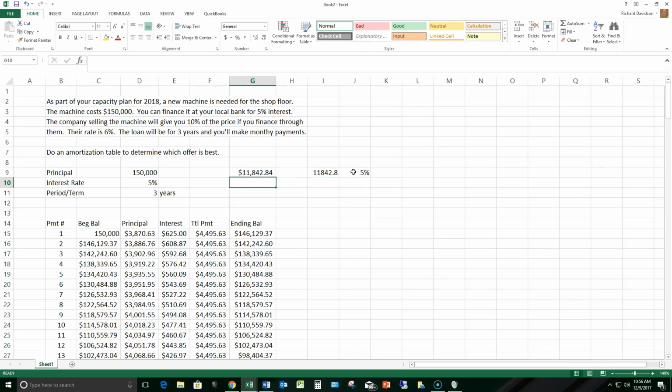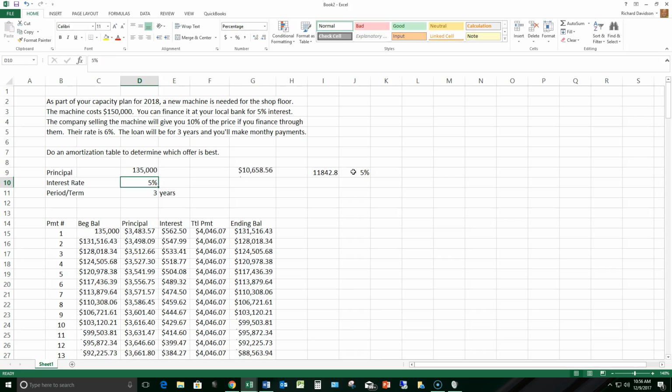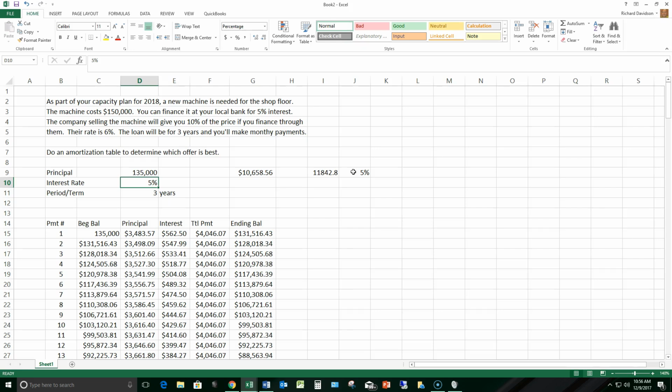Instead of doing another table, I'm just going to change the values. We know that the other option was a 10% discount. 150,000 times 0.9 would be the amount, or if 0.1 is the discount, we have to subtract that. The discount's 15,000, so we subtract it off.